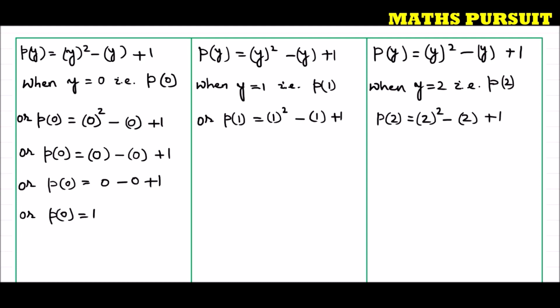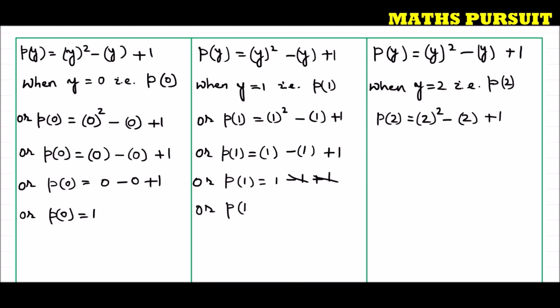Similarly, here in the second column, P(1) is equal to 1 to the power 1 is 1, minus 1 plus 1, or I can write P(1) is equal to 1 minus 1 plus 1. This minus 1 and this plus 1 cancel out and we are left with P(1) is equal to 1.